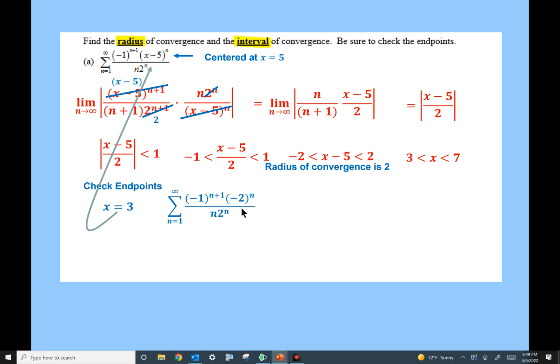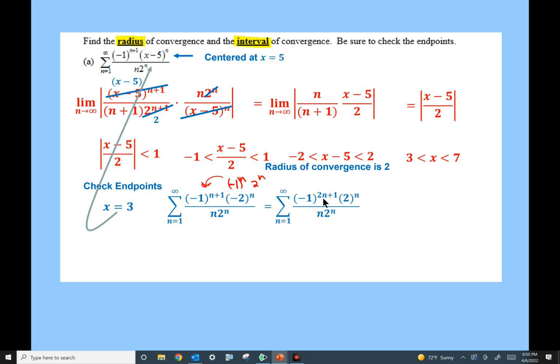Now I'm going to think of this negative 2 as negative 1 to the n being multiplied by 2 to the n. And the reason I'm going to do that is because that way I can combine that negative 1 to the n with this negative 1 term, and if I add my exponents, it's going to become negative 1 to the 2n plus 1.